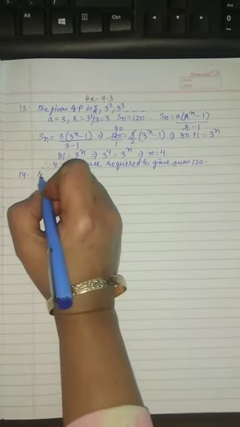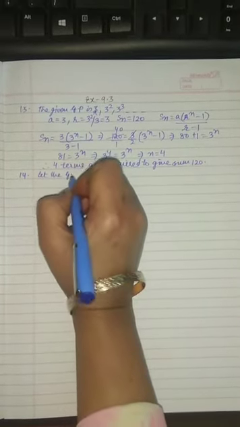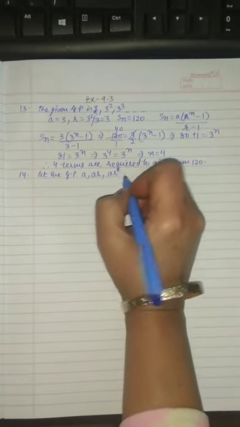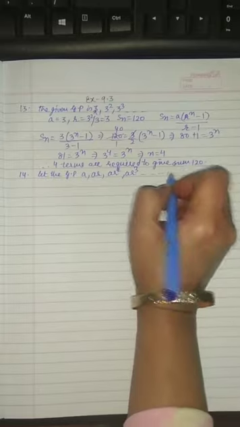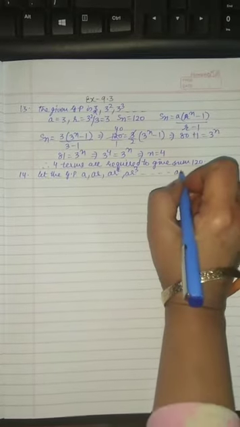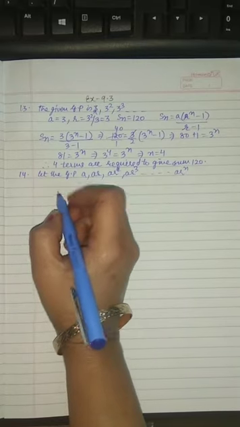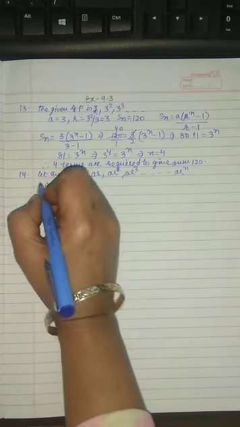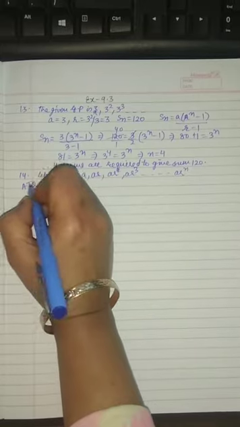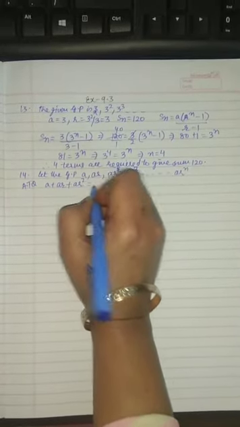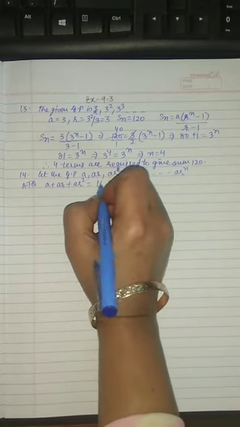So let the GP be, the general GP is A, AR, AR square, AR cube and so on up to AR^n. Now we are given the sum of the first 3 terms. So according to the question, the first 3 terms are A plus AR plus AR square and their sum is given as 16.